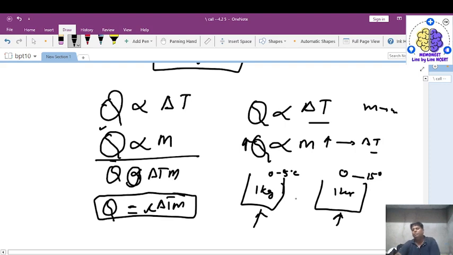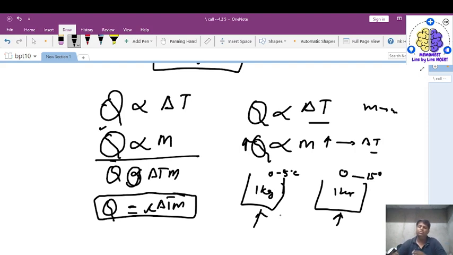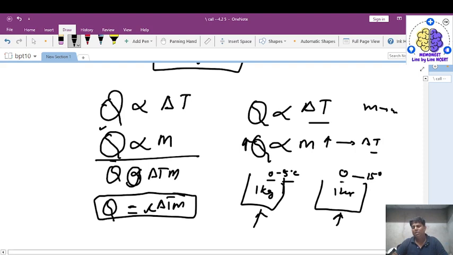Now if heat is being supplied with the same burner, then the time in changing the temperature from 0 to 5 degrees centigrade will be less as compared to the time required to heat the same mass of the body from 0 to 15 degrees centigrade, right? That is, if we increase the range of change in temperature, the amount of heat supplied will increase.